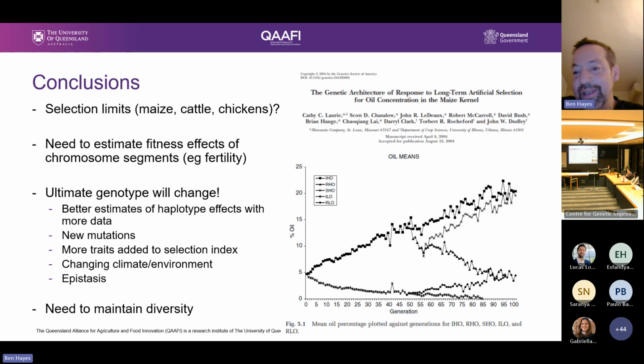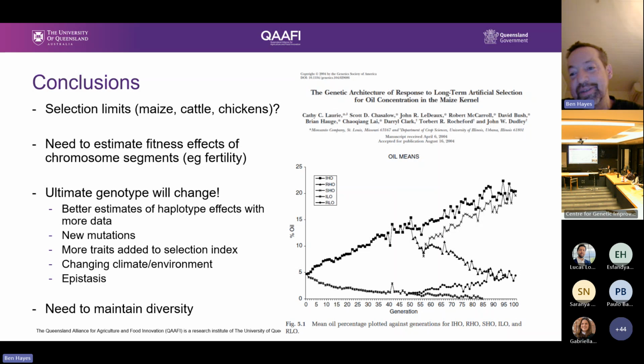What we do see limits to, though, in cattle particularly, and also we've seen this in chickens, is fitness. If you think back to one of the first graphs I showed, on the decline in fertility that was related to the strong selection for milk production, that is a decline in fitness.